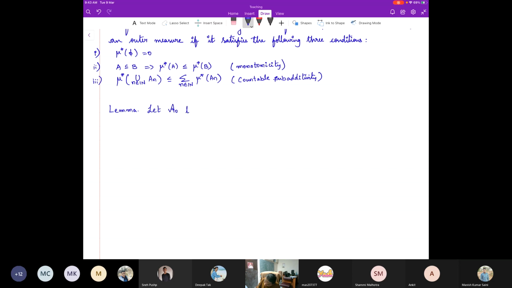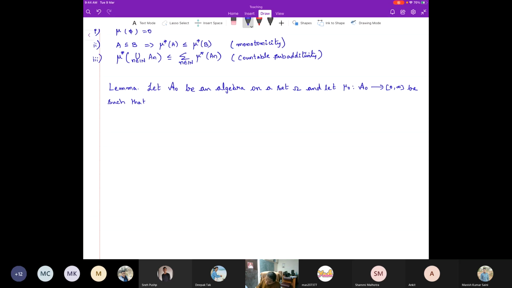Let A naught be an algebra on a set omega, and let mu naught from A naught to [0, infinity] be such that mu naught of the empty set is 0.